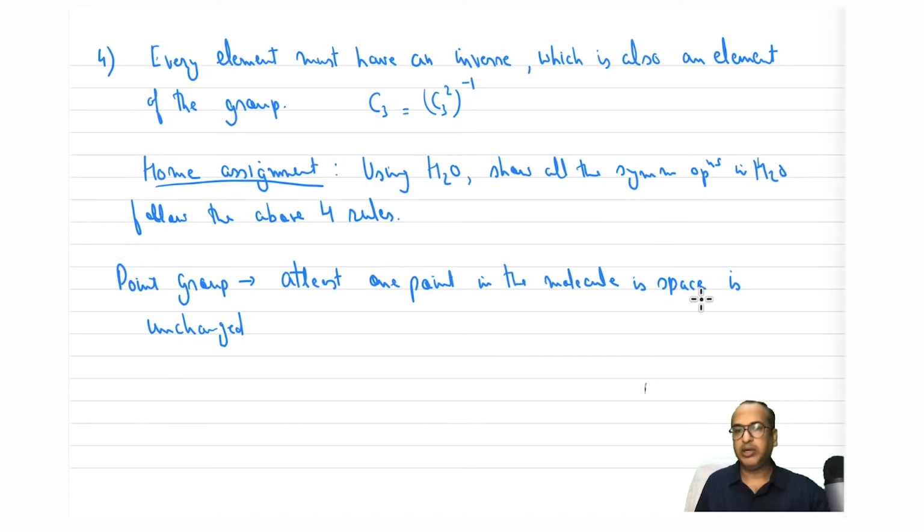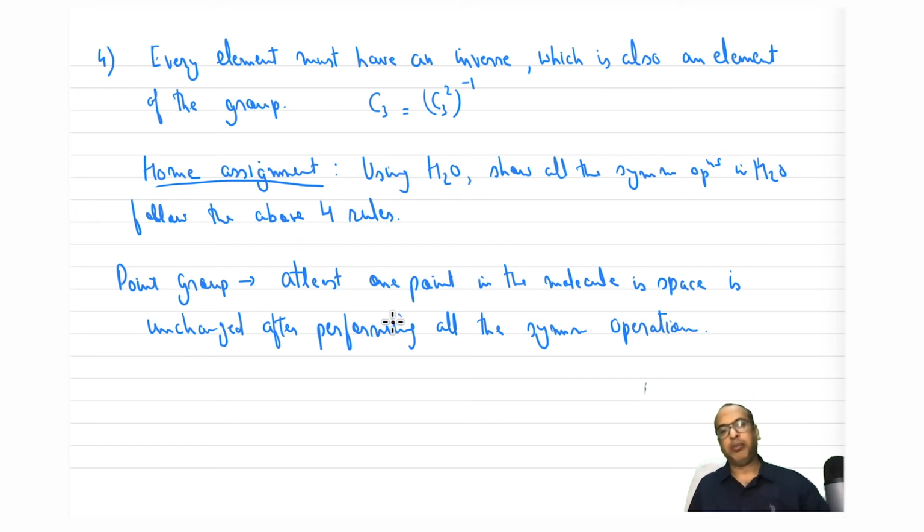At least one point in the molecule in space is unchanged after performing all the symmetry operations. So you can pick up any symmetry operations of the group, and by performing any symmetry operations, at least one common point should be there which should not change in the molecule, and that's why this particular group is called a point group.